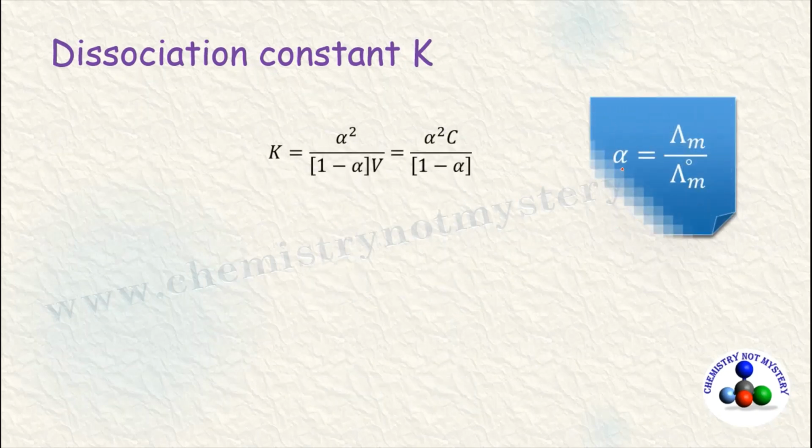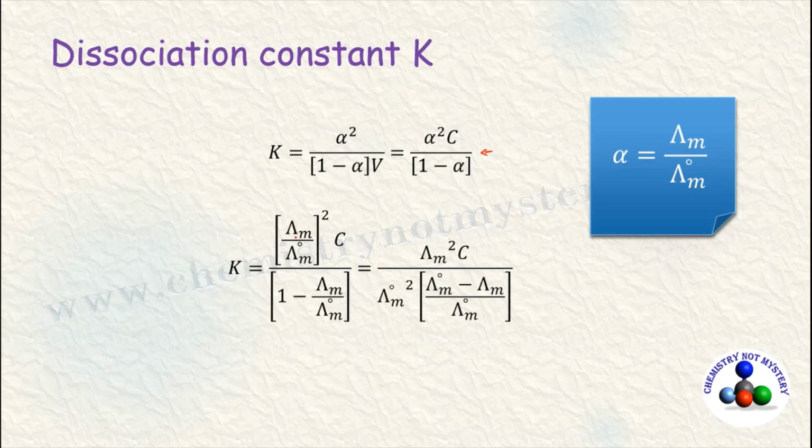We just have learned alpha is equal to lambda m over lambda m naught. So when you place the value of alpha in this formula, you will get (lambda m over lambda m naught) whole square multiplied by C divided by 1 minus lambda m over lambda m naught.